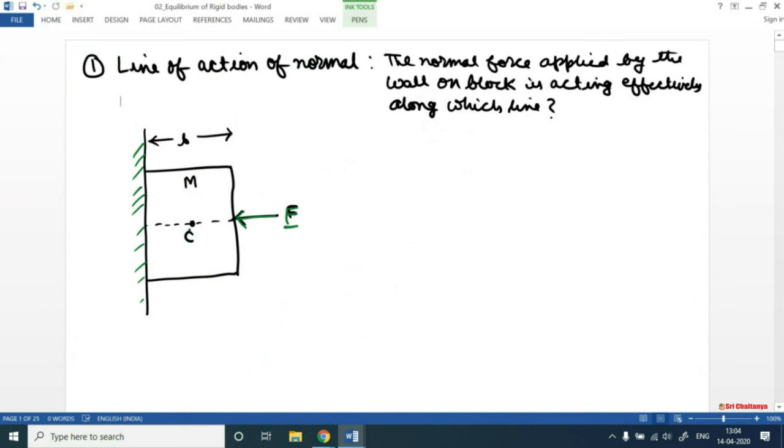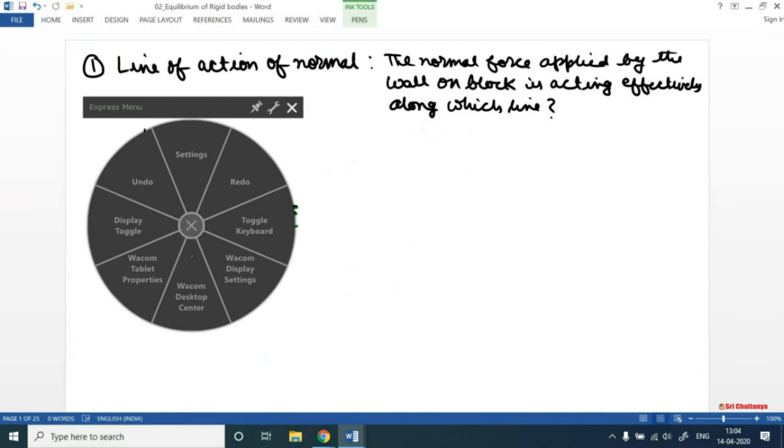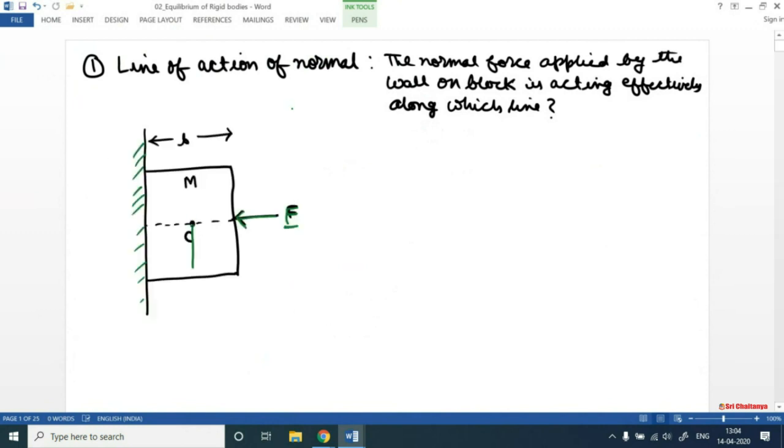So let's draw the free body diagram of this. Its weight would be effectively acting at the center of gravity, so that is basically mg. Since we have to keep that block in equilibrium, there would be some friction acting on it in order to balance this mg.